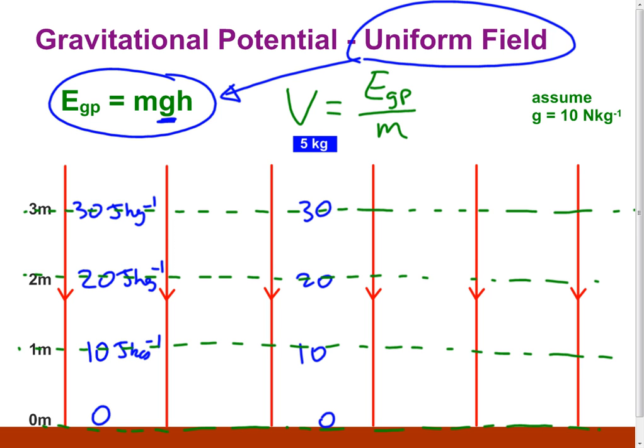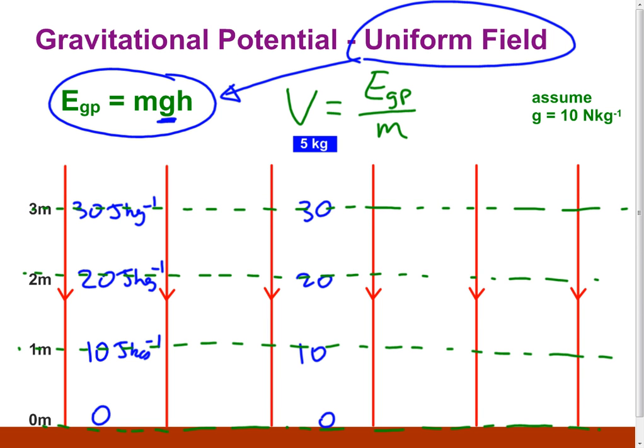So if we have a quick look back at this, our equipotentials look like lines, but actually, if we were in the classroom and we took 2 paces backwards, we would get exactly the same potential, and 2 paces backwards again exactly the same potential. So these equipotential lines are actually planes, they're actually surfaces.